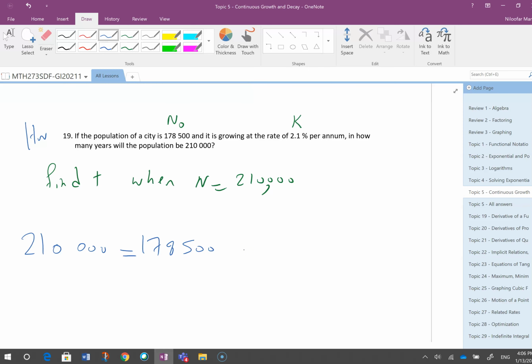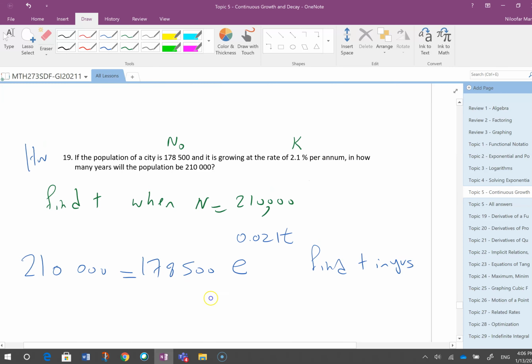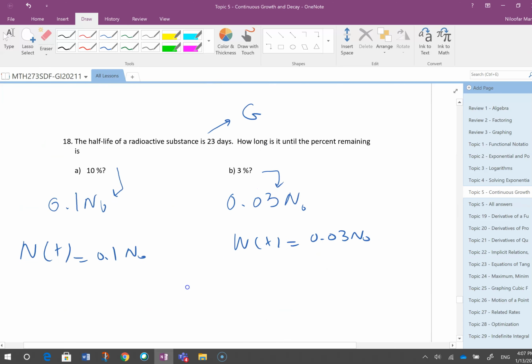Growing, doubling period? No, I don't have a doubling period. I have K, so I use e power, 0.021. How long? Find T in years, because it says per annum. Per annum means annually, per year.